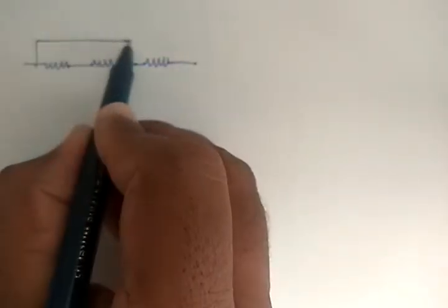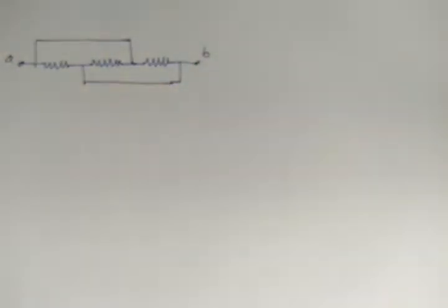There are three resistors and the resistance of each resistor is R, and I am also connecting these 2 points by a small wire of negligible resistance and these 2 points by a small wire with negligible resistance. Then what is the effective resistance of this circuit between points A and B?